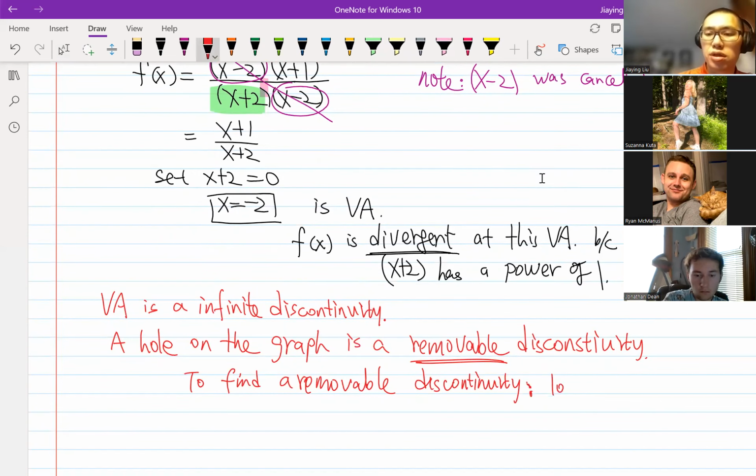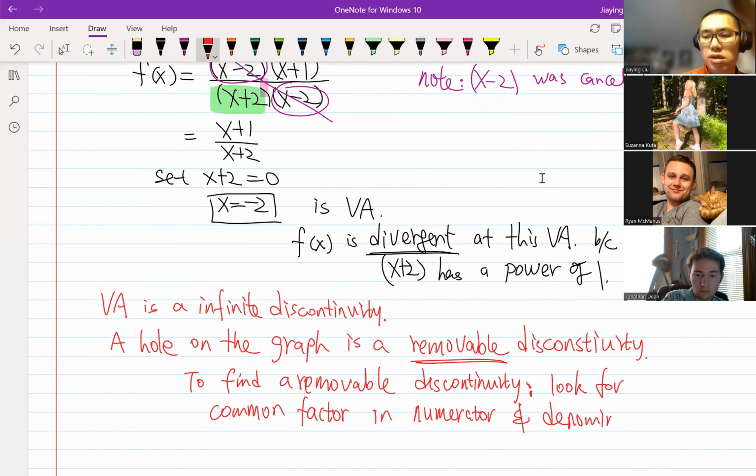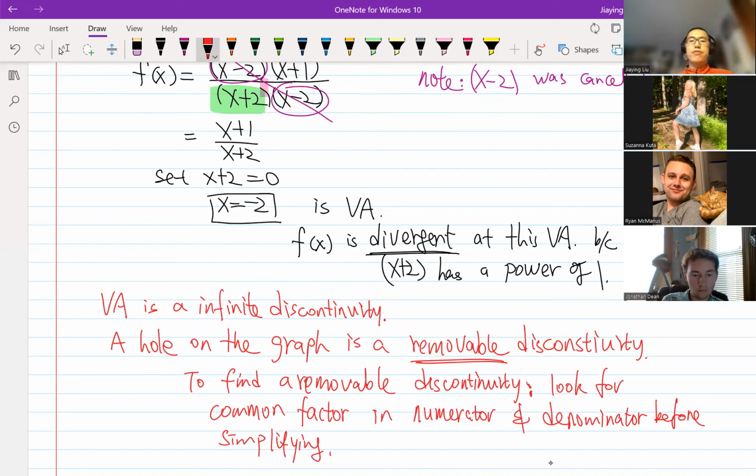So look for common factors in numerator and denominator before factoring. Sorry, before simplifying. We already factored before simplifying. So that's how we're going to find the removable discontinuity or a hole in the graph.